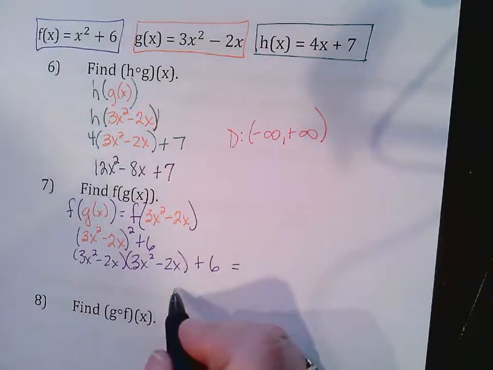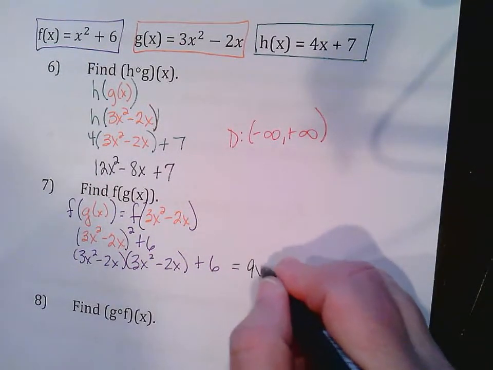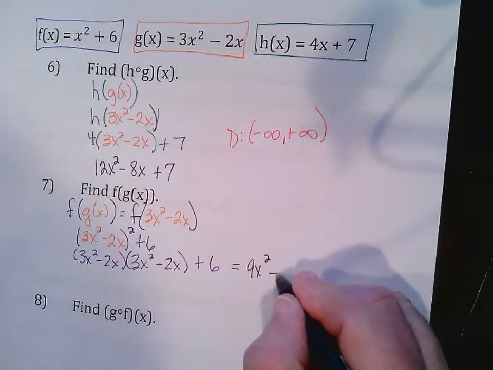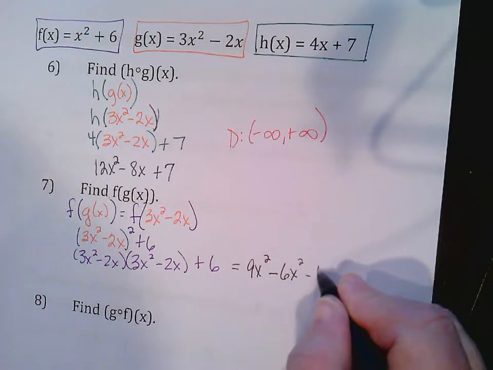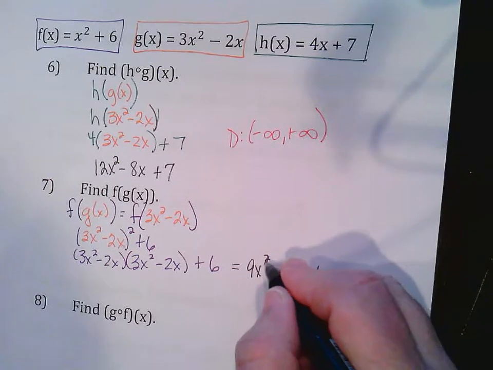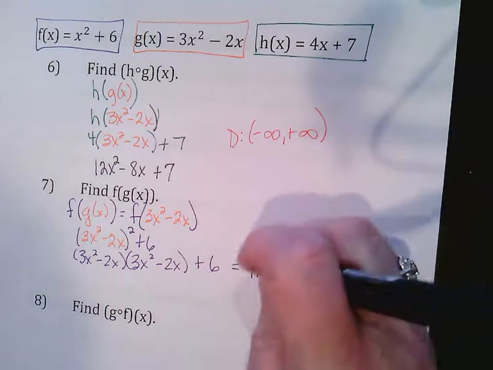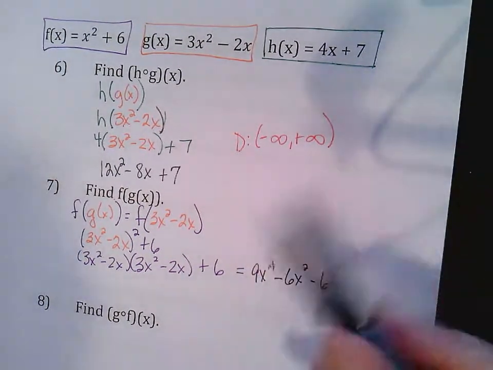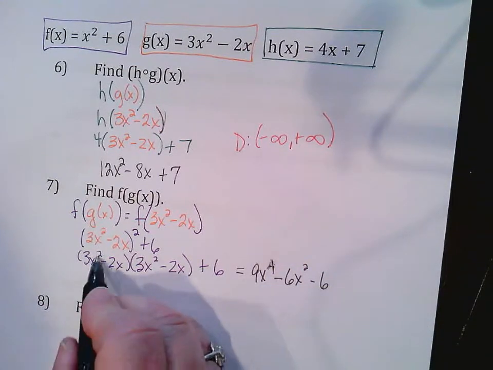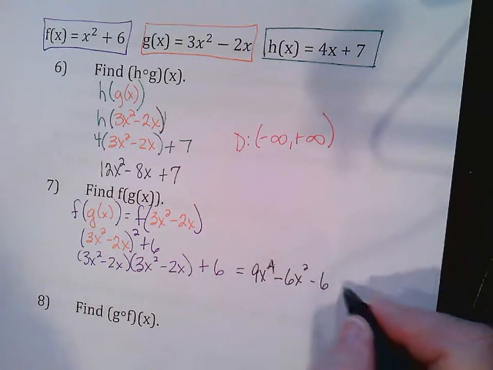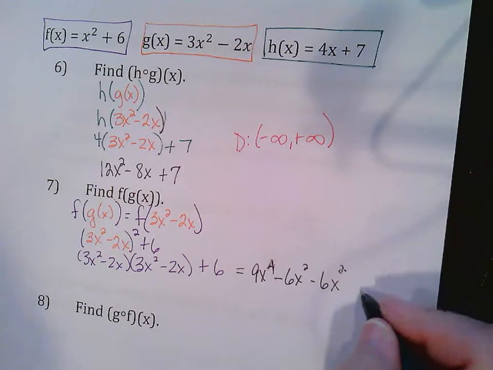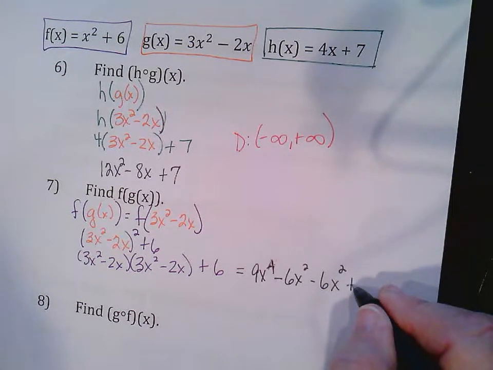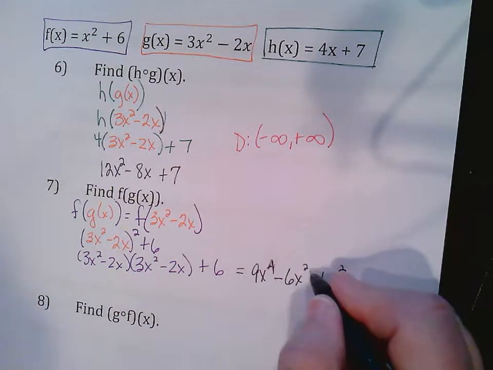And when I FOIL this, I have 9x squared, excuse me, 9x to the 4th. We're just used to when we FOIL there's a square, but yes, because it's x squared times x squared. Minus 6x squared minus 6x squared, actually those are x cubes.